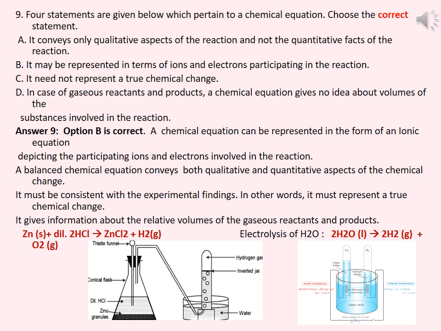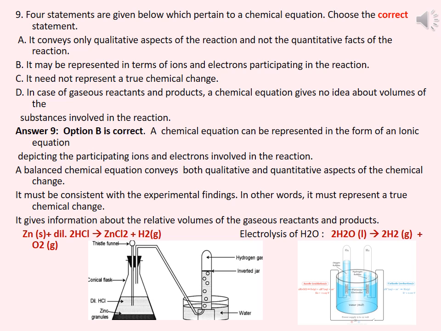What about C? It need not represent a true chemical change. Whenever a chemical reaction occurs, only then you write a chemical equation. You don't write a chemical equation for a reaction which is non-existent, which does not take place at all. So, it need not represent a true chemical change is wrong.